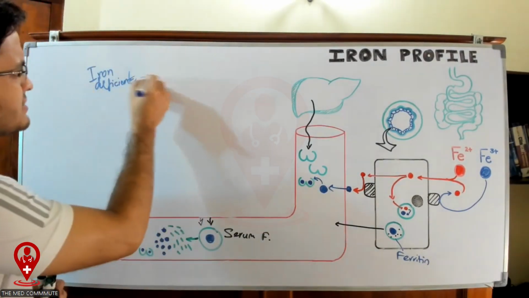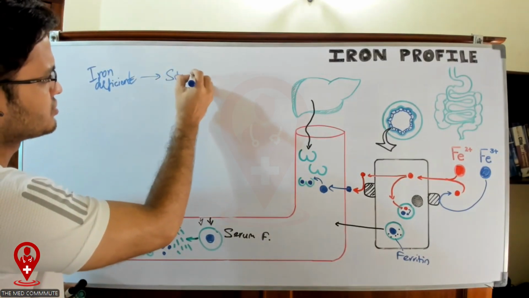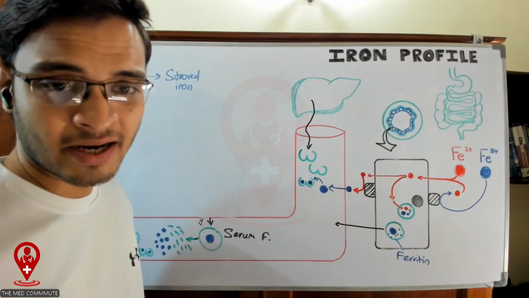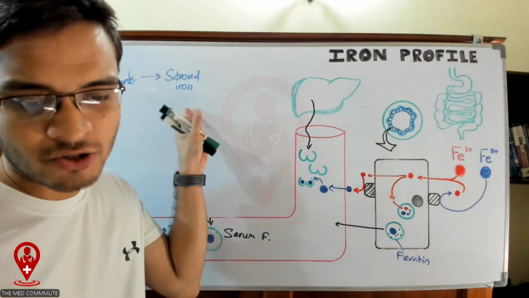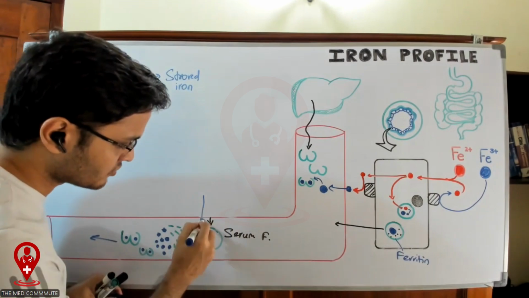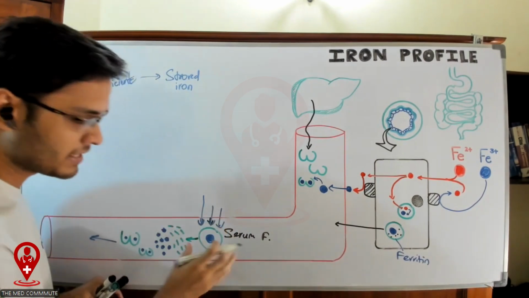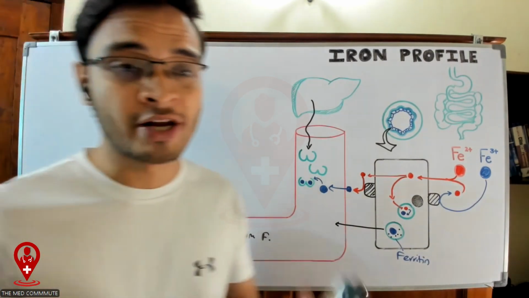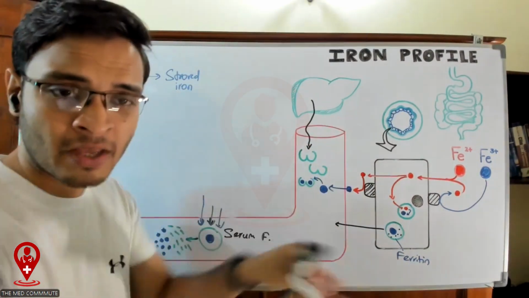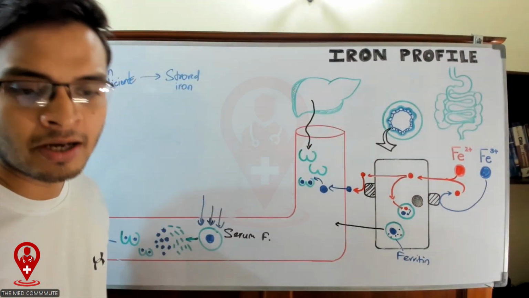Now we talked about how iron is stored, specifically in Kupffer cells, as ferritin. Whatever he has stored will be quickly released into the blood so that his body can utilize it. Now he's iron deficient, so his stores will quickly release these stored forms of iron.